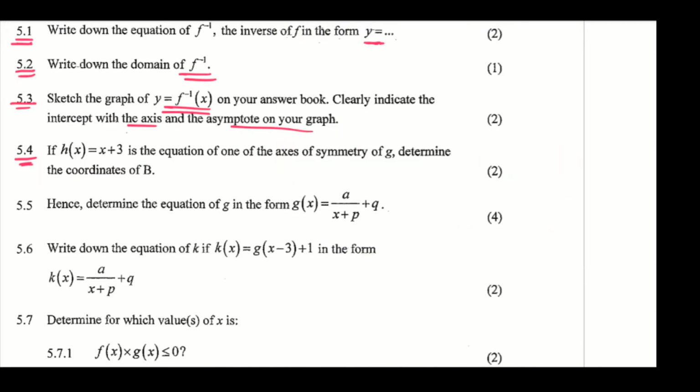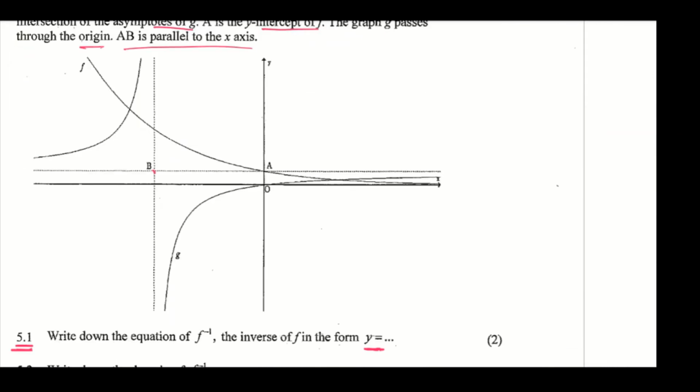In 5.4, we are told that if h of x is the equation of one of the axes of symmetry of g, determine the coordinates of B. B is actually the intersection of our asymptotes, both vertical and horizontal. For us to find the point, we need to first find the value of A here.